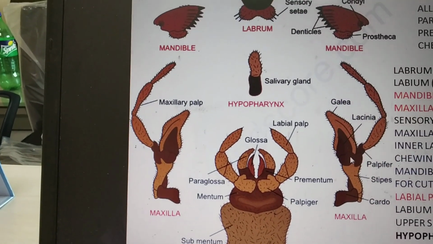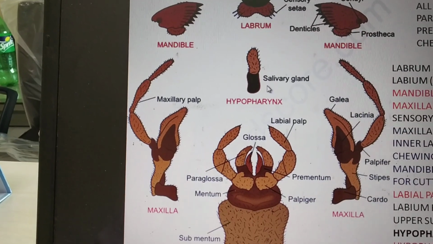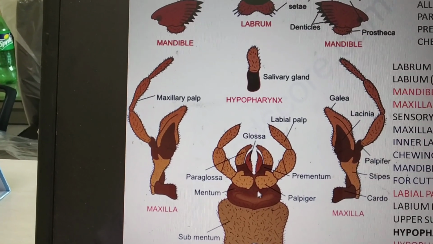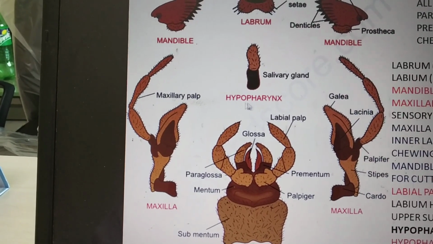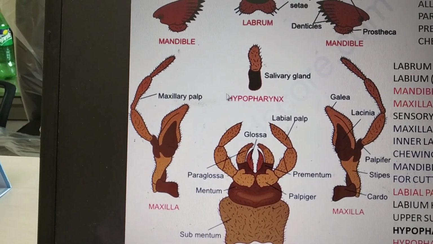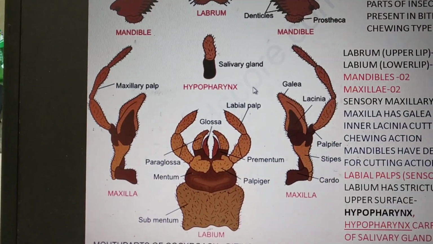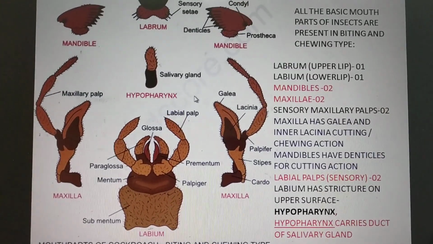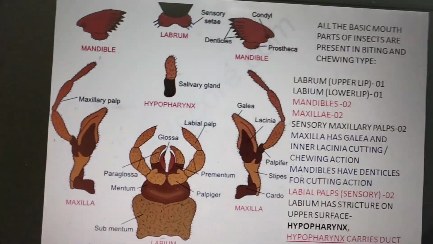Now the labrum has an epipharynx, whereas the labium, the lower lip, is associated with the hypopharynx. This hypopharynx carries the salivary gland or the duct of the salivary gland. So this is, in brief, about the biting and chewing type of mouth parts.